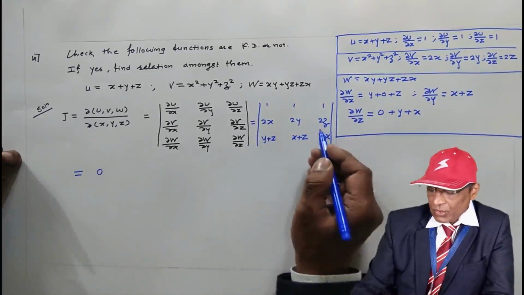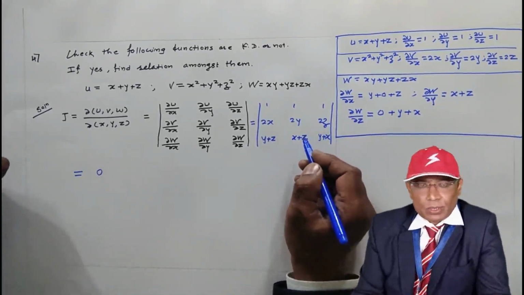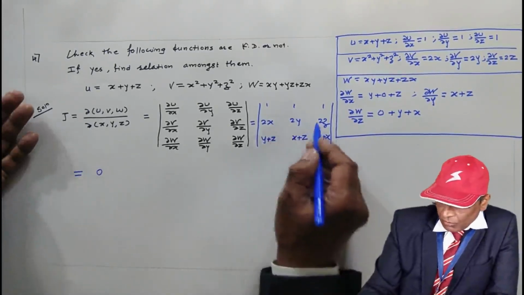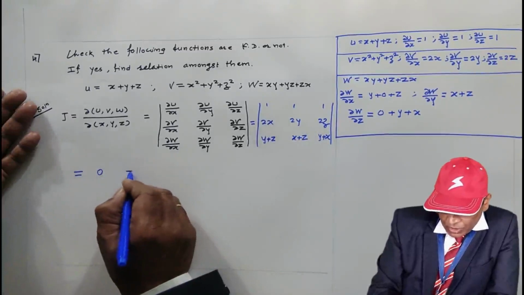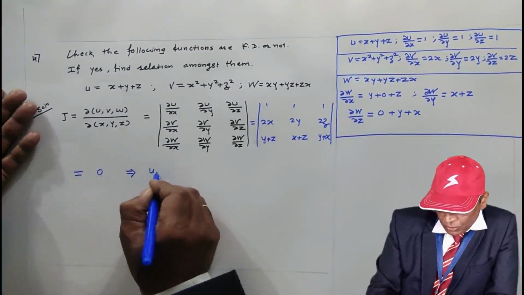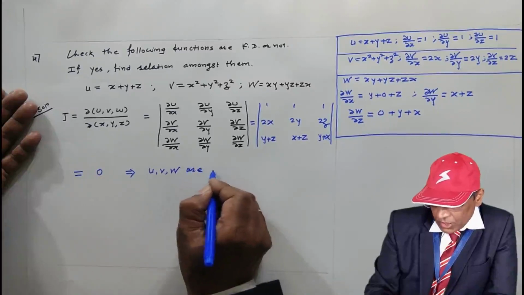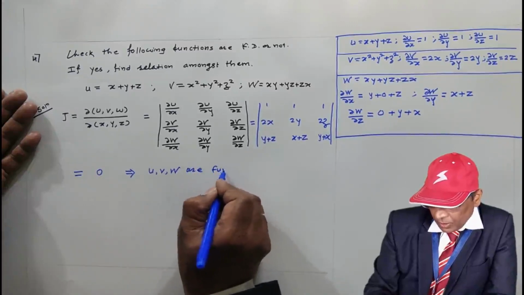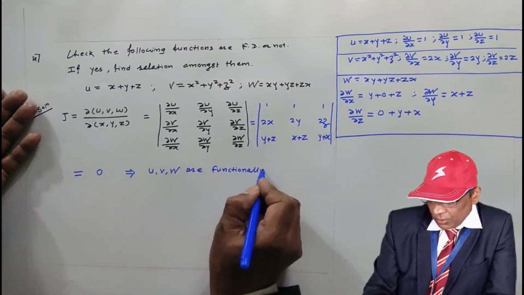You will not waste time solving the determinant because you are very expert in determinants now. The value of this determinant is 0. This implies u, v, w are functionally dependent. The first part is over.